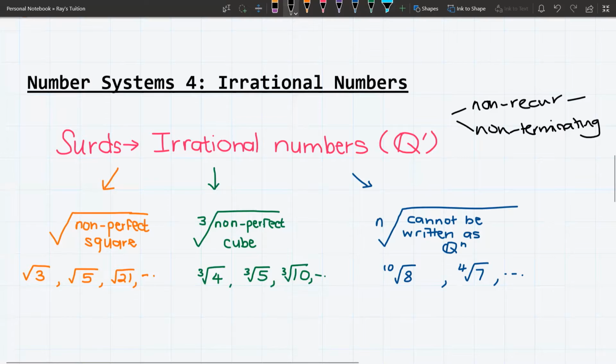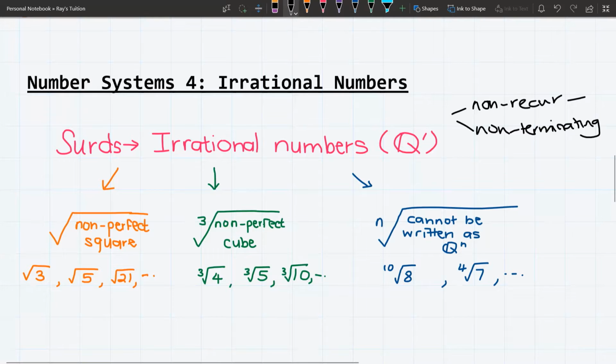In general, any nth root of a non-perfect nth power. If you can't write it as some rational number to the power of n, then it is not a rational number. So the 10th root of 8 or the 4th root of 7 are irrational numbers.